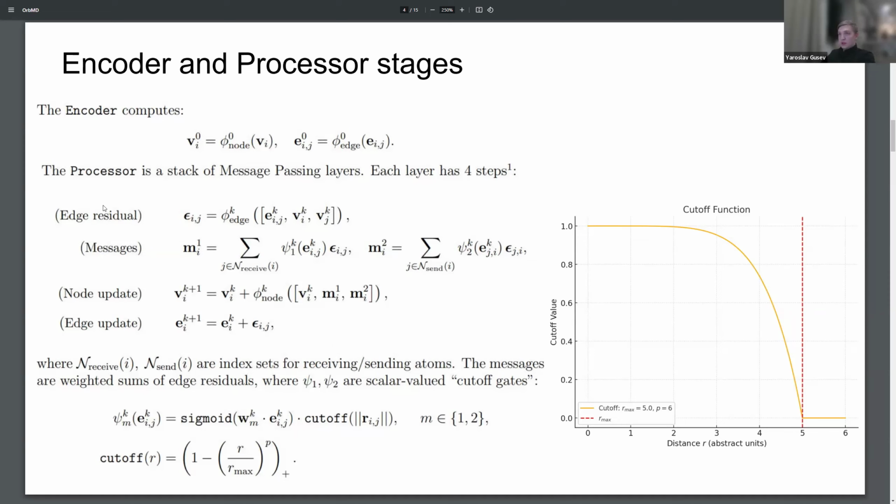And this is the processor part. It's one block here, and then they repeat it some times, like they tried four steps.